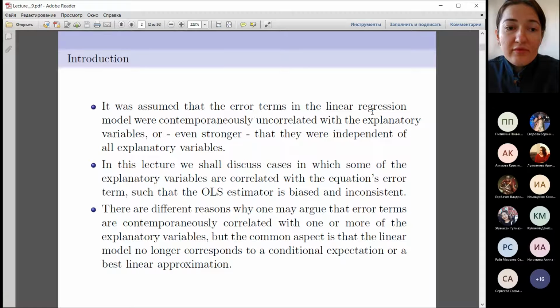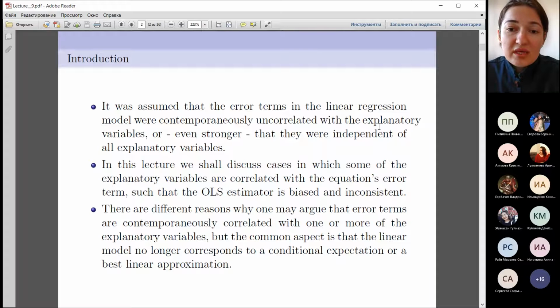So, if you remember, one of the main assumptions among ordinary least squares method assumptions is that our error terms, or our stochastic term, or our disturbance term, this is the same definitions of the one thing, the error term in the linear regression model must be uncorrelated with the explanatory variables.